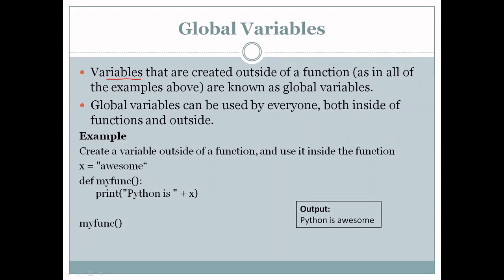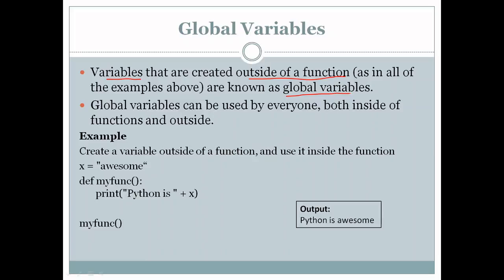Variables that are created outside of a function are known as global variables in Python. As in C, the variables which are declared outside the main are called global variables.